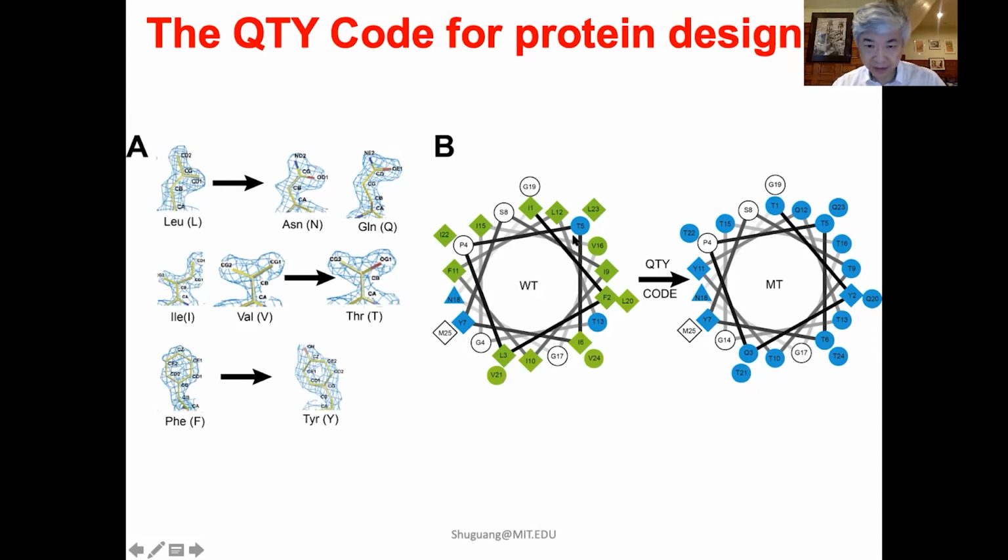Here is a single alpha helix. Look at it, mostly green. The green means water insoluble. We apply the QTY code. Now, after this, the alpha helix becomes water soluble. In the analogy I showed you earlier, this water insoluble system is hydrophobic.